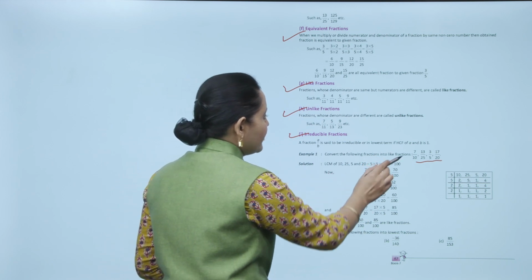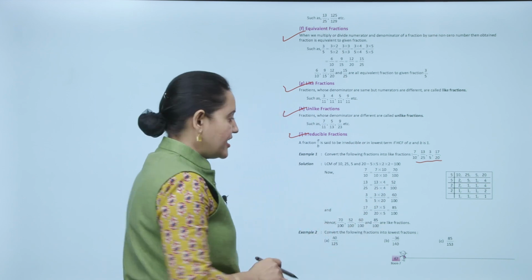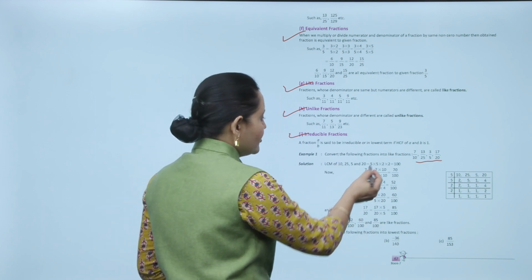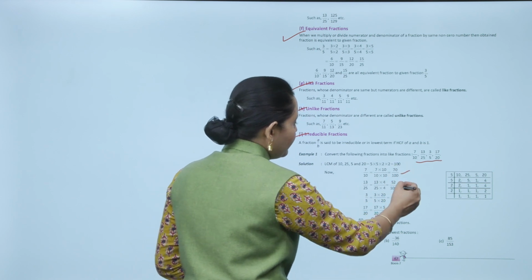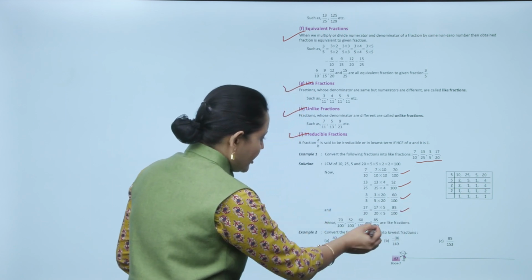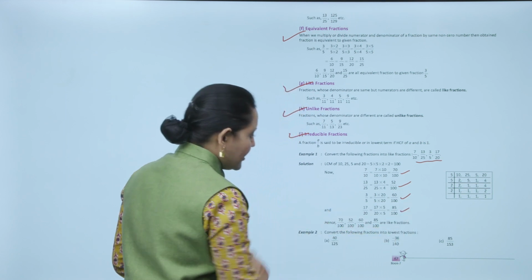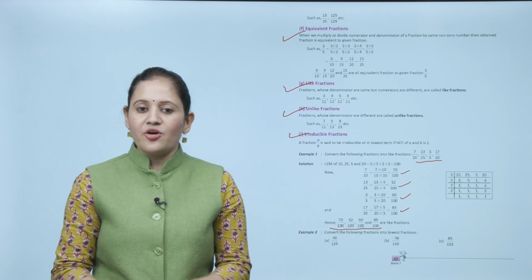First is 7/10. LCM is 100. We divide 100 by 10, so we get 10. So multiplying numerator and denominator by 10, it becomes 70/100. Then 52/100, 60/100, 85/100. Now all these are like fractions because they have the same denominator. Clear?